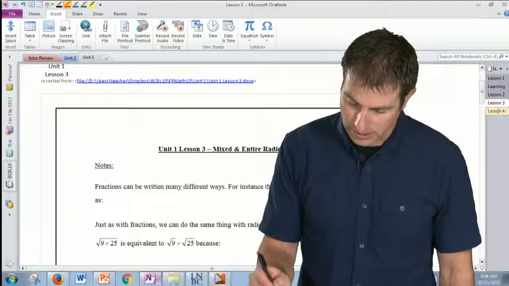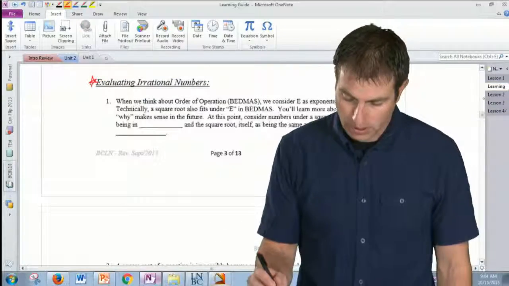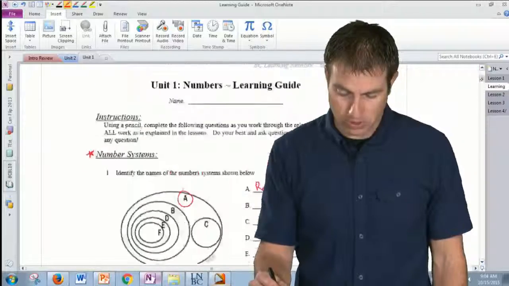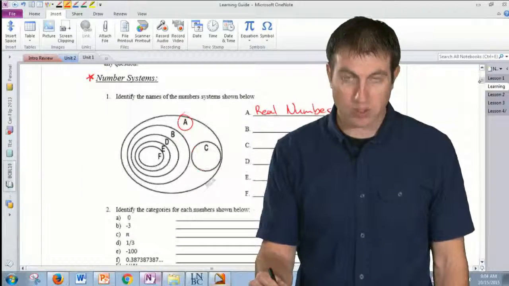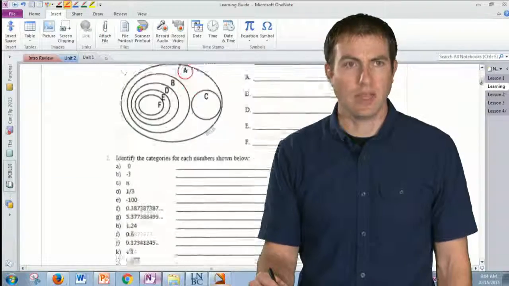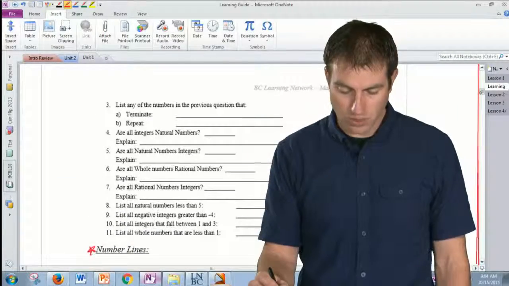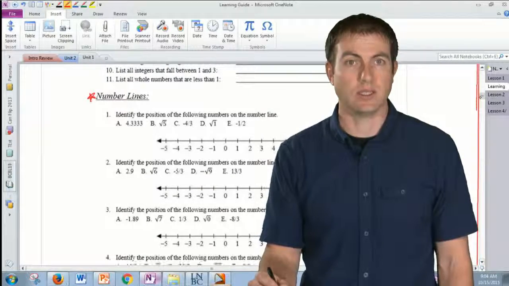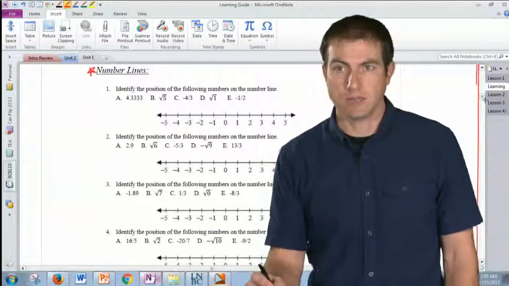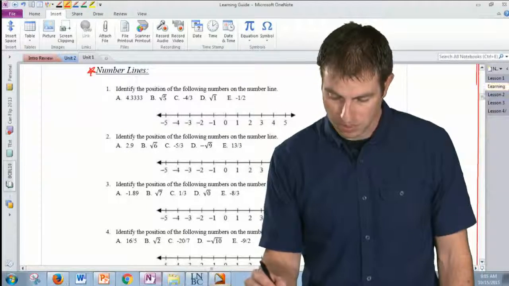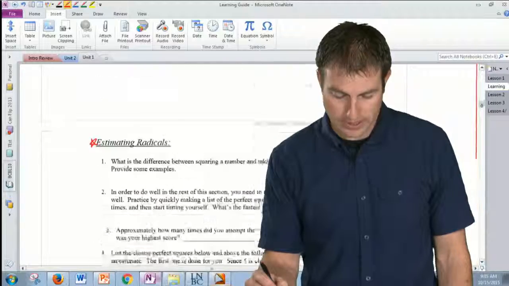Just to recap where we were with the learning guide. We should have done the number system stuff at the top. And then we have the number line stuff, which is just finding a place for these numbers on that number line. Okay, Taylor and Abby both have questions, so we can go through those in a second.